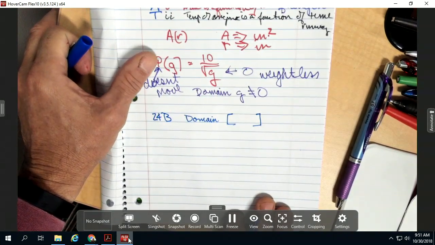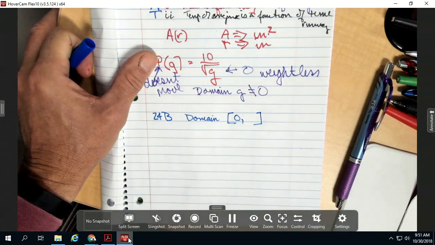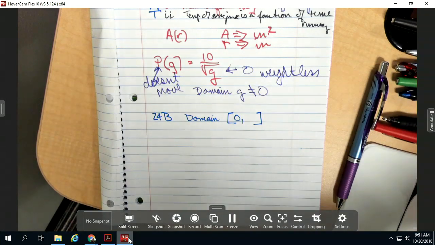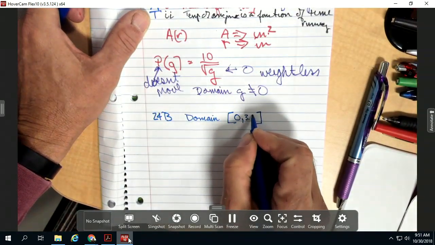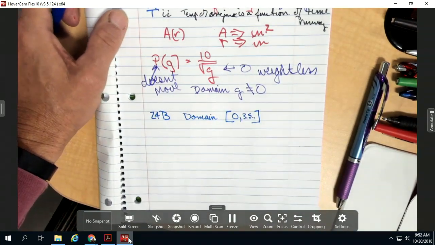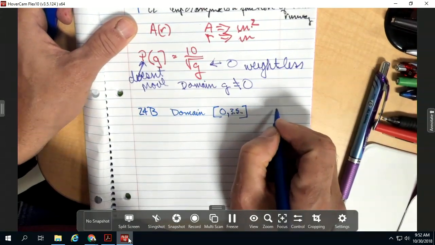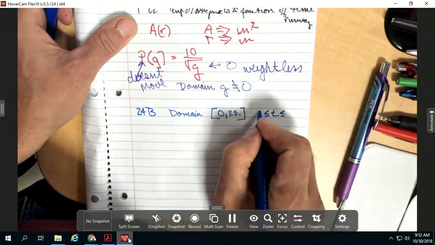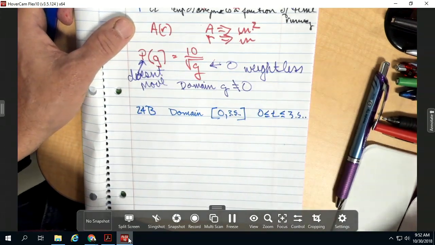It goes from 0 to, on that picture, what's the biggest time that you're going to have? 3.5 something seconds, right? We could write it, time is between 0 and 3.5 something seconds.